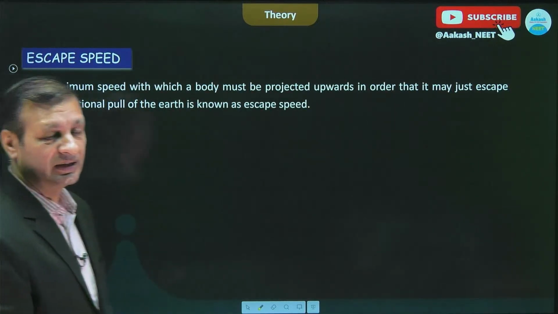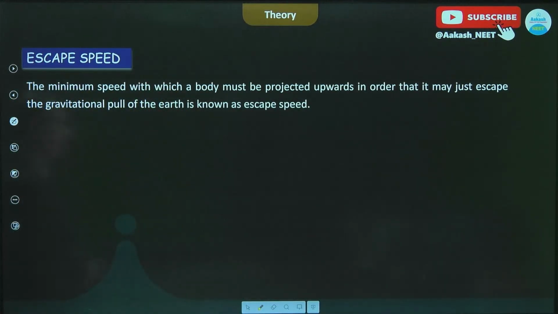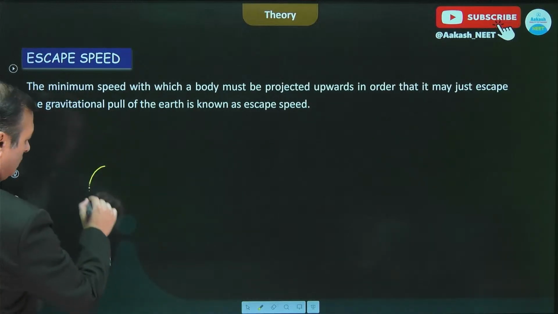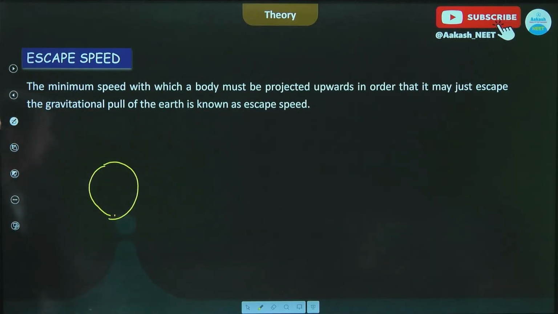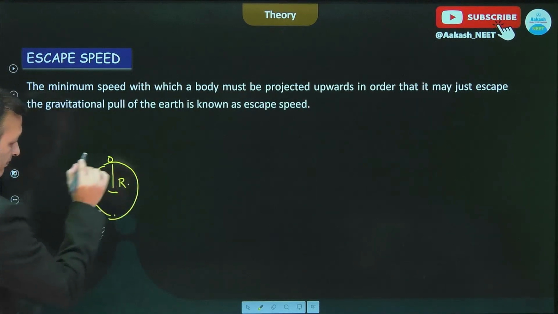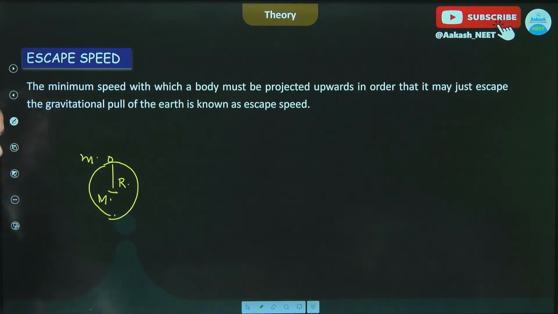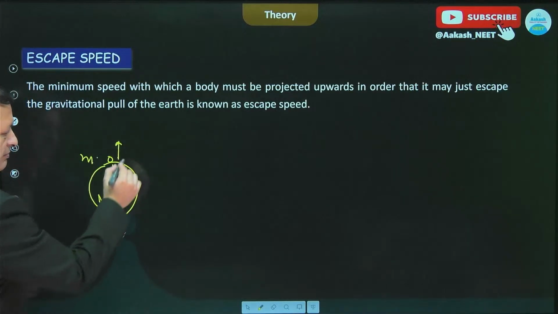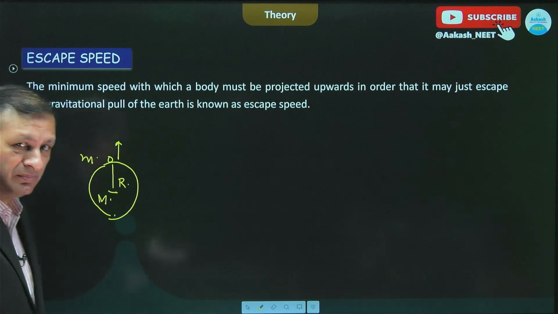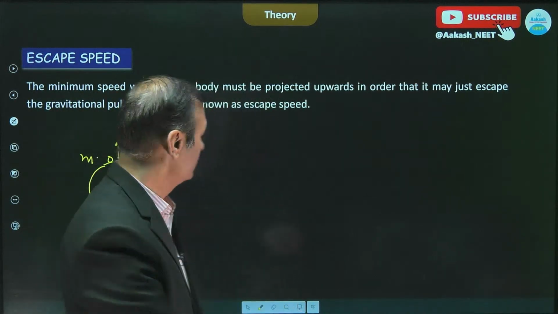Now we have another article called escape speed. What do you mean by escape speed? Let's suppose this is your earth and a body of small mass m is at this position. Now we have to project this body with some speed, so we have to give some kinetic energy so that it just escapes.